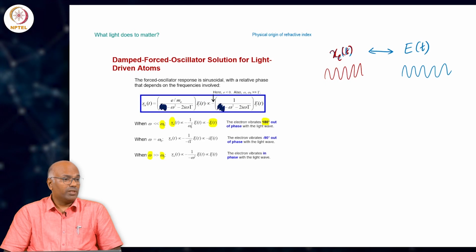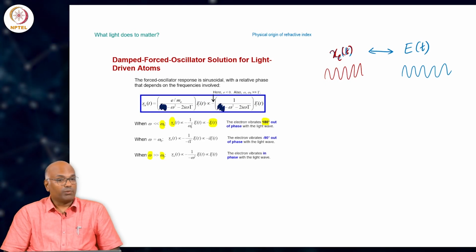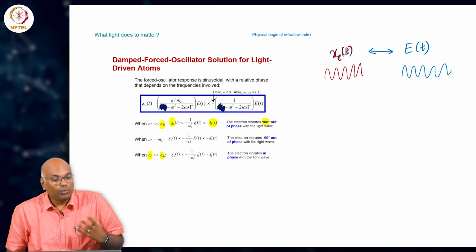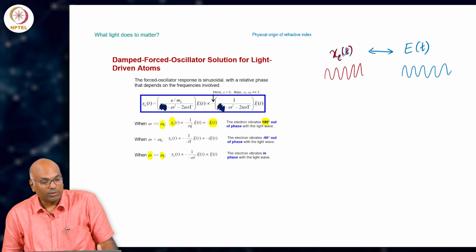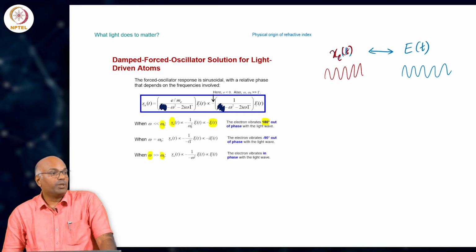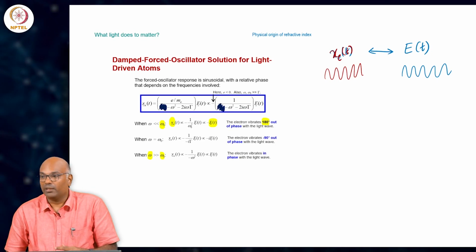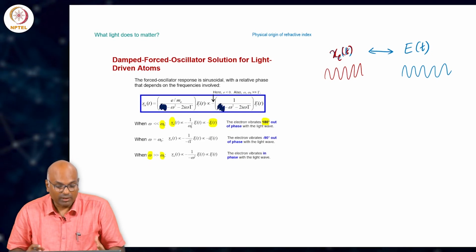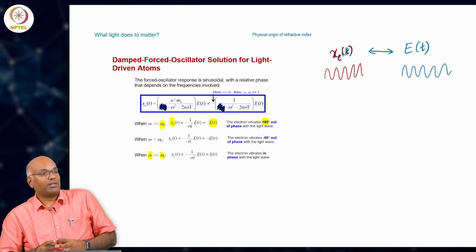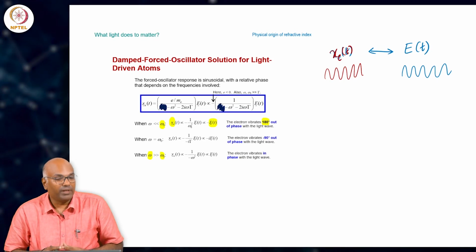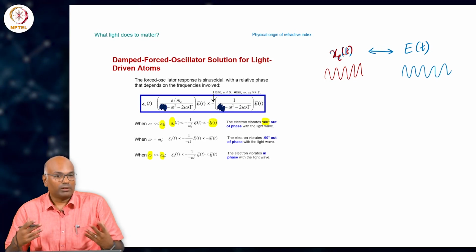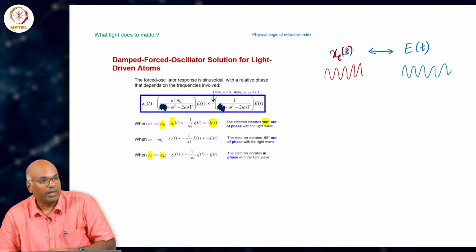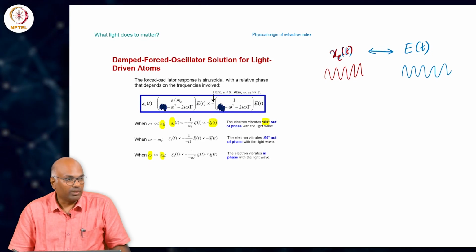Kind of counterintuitive. We just said, oh, it has a negative charge, so the motion should be pi out of phase. No. What determines the relative phase between the two is not the mere sign of charge of the electron, it is indeed the relationship between the driving frequency omega and the natural frequency omega naught of the system. Omega naught is an important quantity, it is the characteristic that is specific to every atomic, molecular, condensed phase, semi condensed phase, nanoscale, low dimensional system, or any fancy version of matter that you bring.